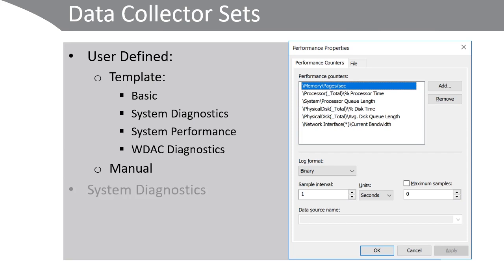I can also use a system diagnostics data collector set to examine what's going on in the computer in terms of reliability rather than performance. And I can use built-in system performance data collector sets. So data collector sets gather the performance statistics to a log file over a measured period of time. You can use this to create a baseline, and then you can examine the current performance by creating a new data collector set for the same counters and compare.